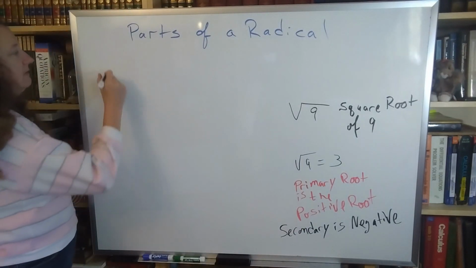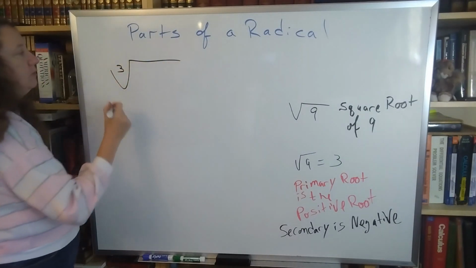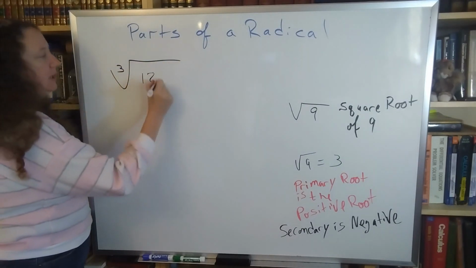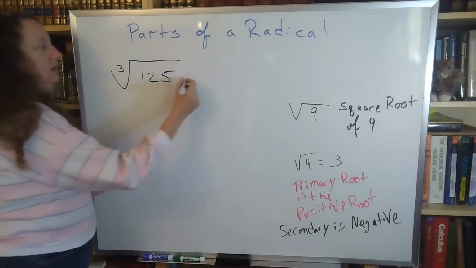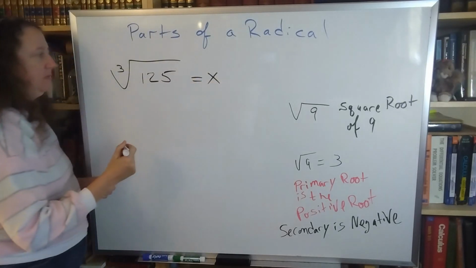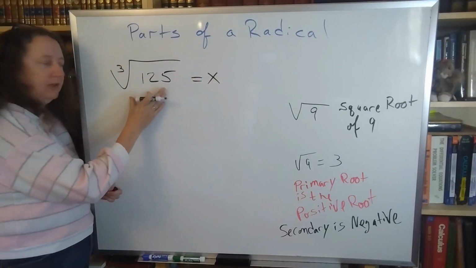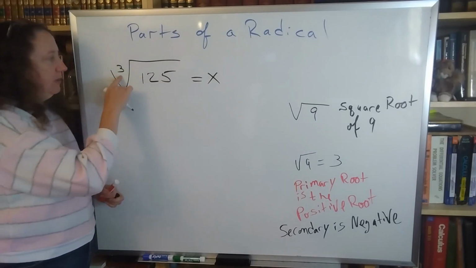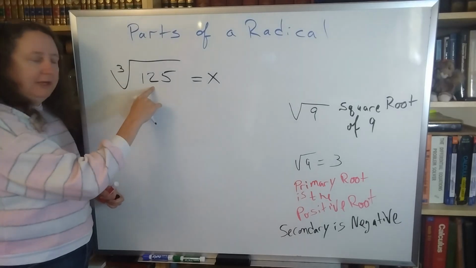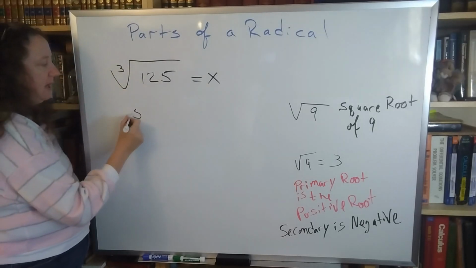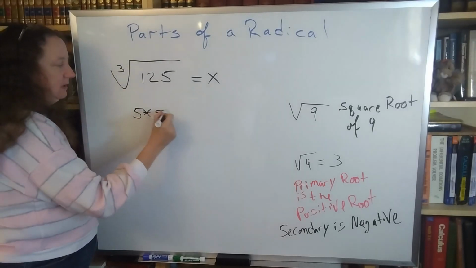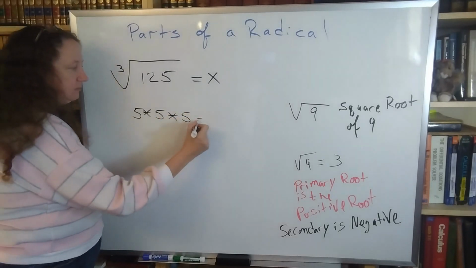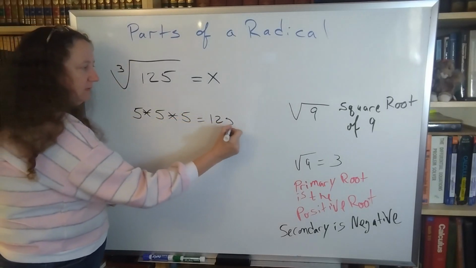So if you have the third root of 125 equals x, and you need to figure out what this is, that is saying what number times itself 3 times will equal 125. So 5 times 5 times 5 is 125.